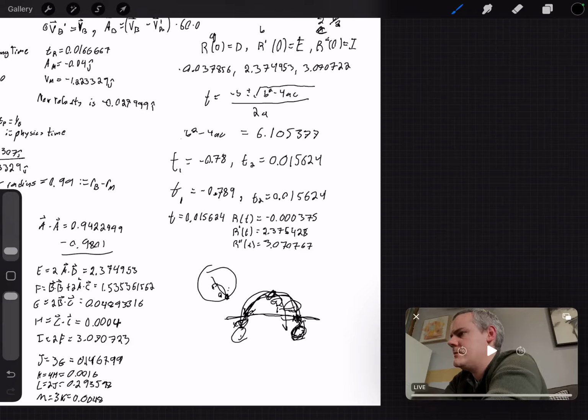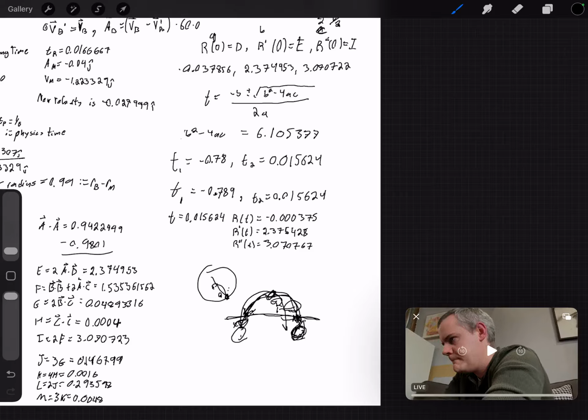But the next time it'll plug. Wait, okay, so when T is 0, oh, I'm doing something a bit weird. Of course I am, it's broken.